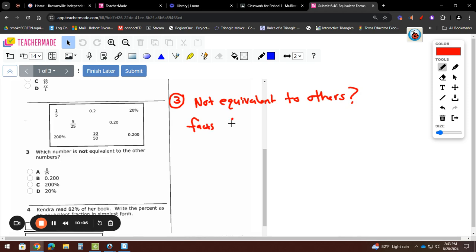Facts, we have 1/5, 0.2, 20%, 5/25, 0.20, 200%, 10/50, and 0.200. I'll put it over here.